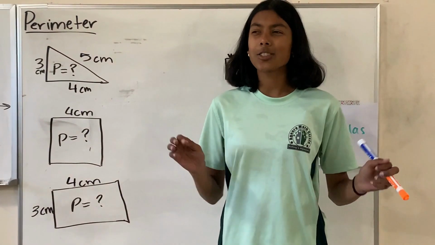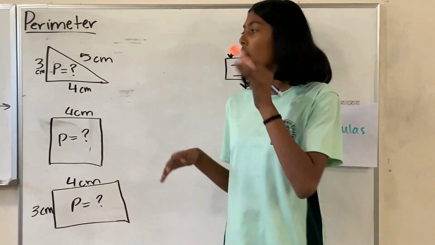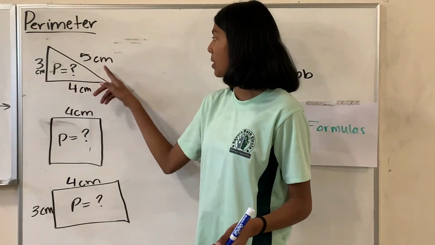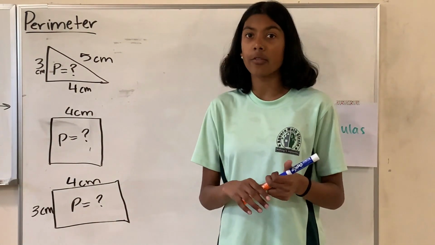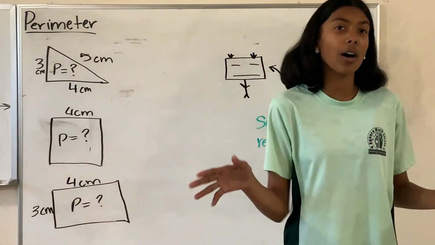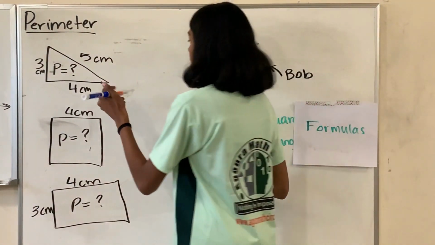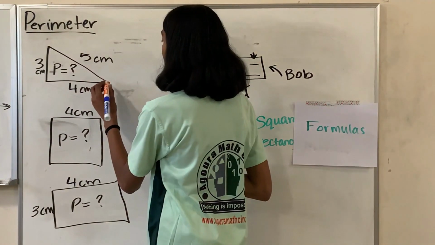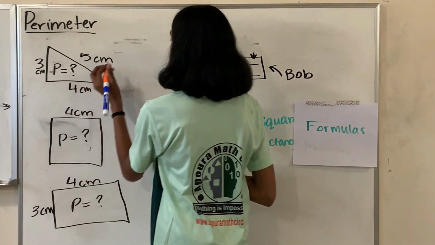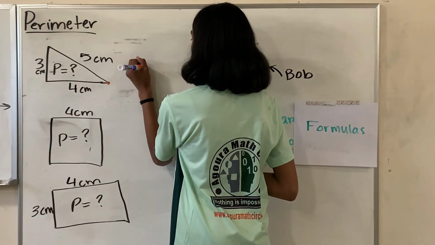Ta-da! So now let's try some examples for perimeter. We'll start off with the triangle. In this triangle, we have 4 centimeters, 3 centimeters, and 5 centimeters. And we want to find the perimeter. So once again, we're going to use our trusty assistant Bob, and we're going to start from here and see how long it takes to go around. So Bob first walks around this, which is 4 centimeters.